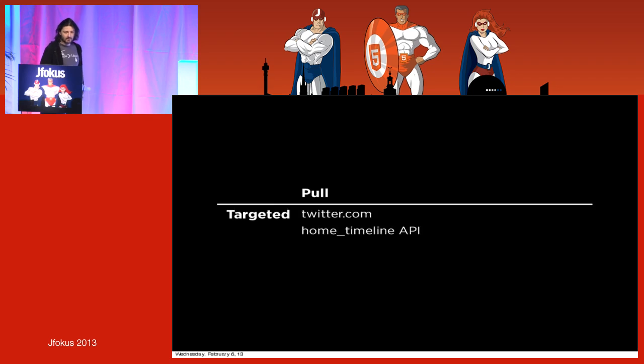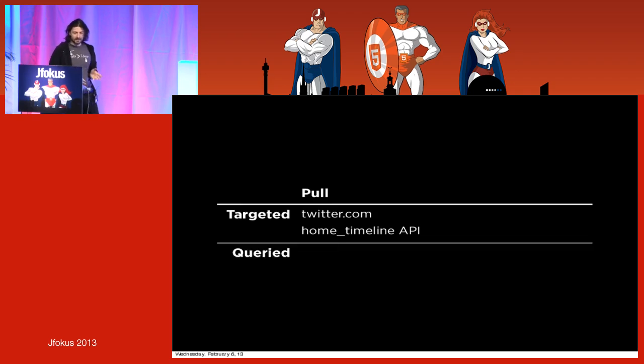We can get them as a pulled timeline. When you log on to Twitter, your browser is pulling the timeline down. Or any of the Twitter clients hit twitter.com, you will be interacting with the home timeline API, and you will be pulling your current timeline from there. Aside from this, there is a queried timeline.